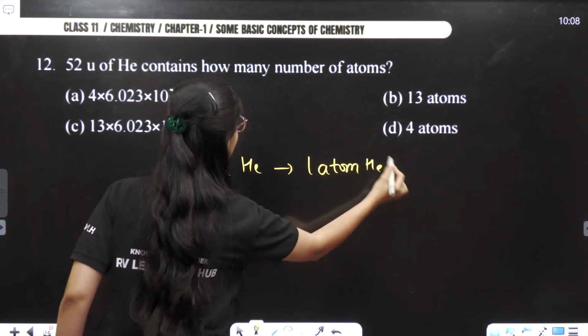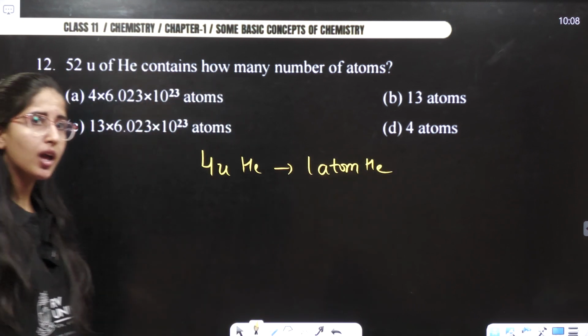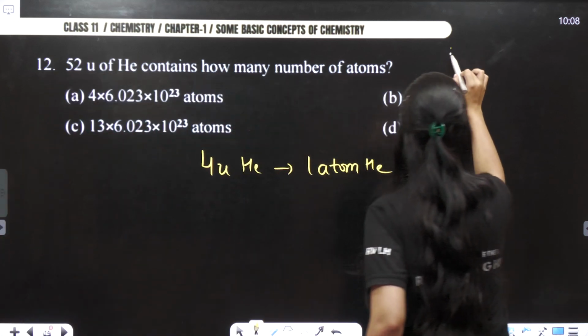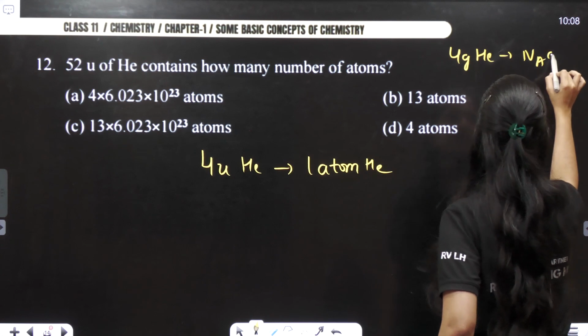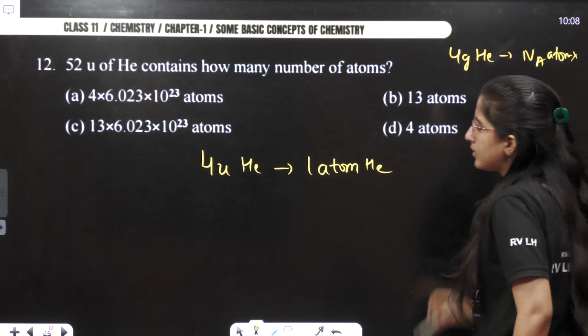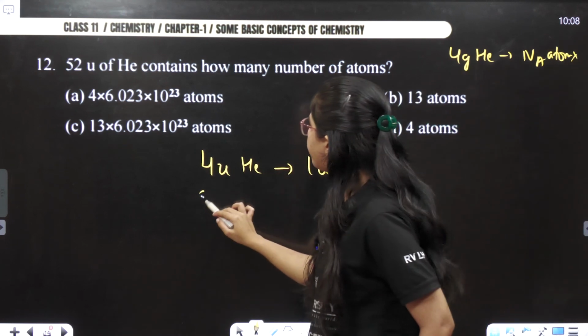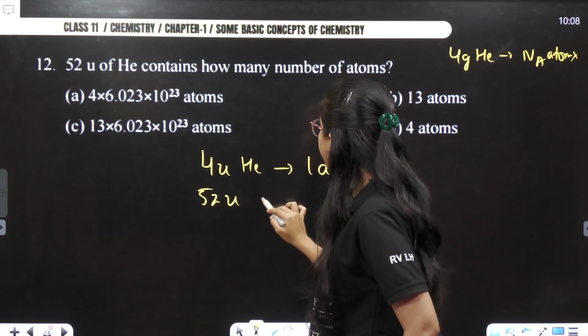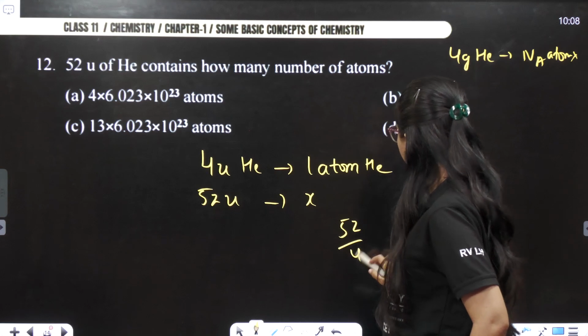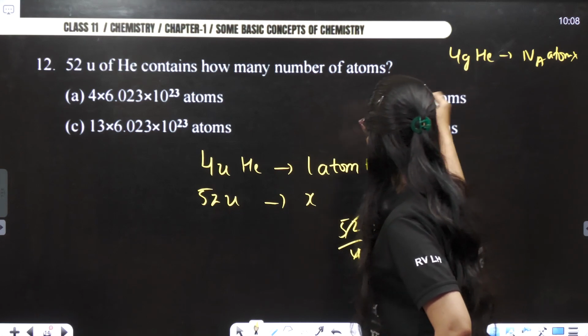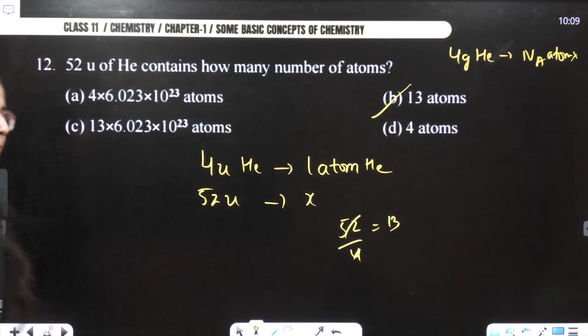If you talk about 4 grams of helium, then it corresponds to how many atoms? Understand the thing separately. But here it is unified mass. Therefore, 52 unified mass of helium will consist of how many atoms? It will be just 52 divided by 4, which will be equal to 13. So the correct option will be option number B.